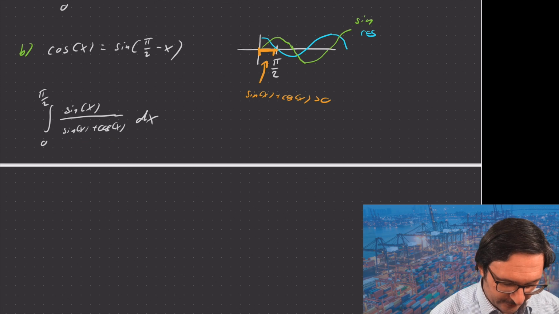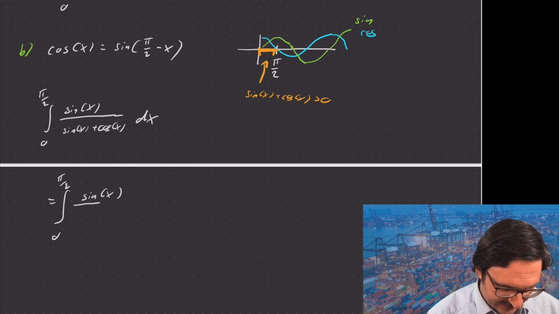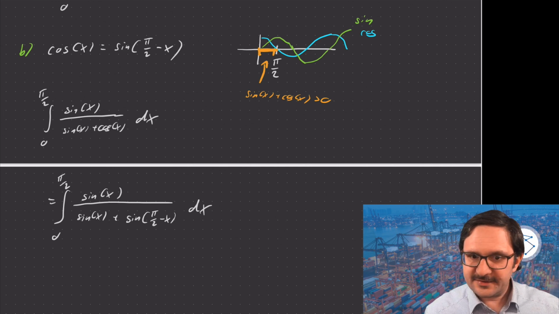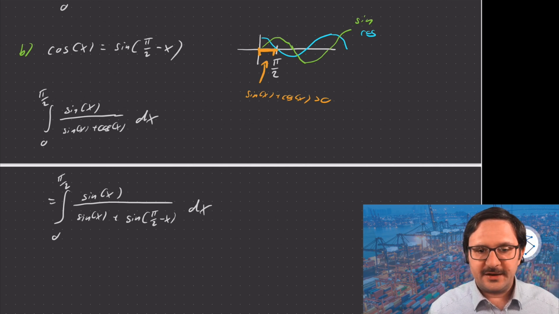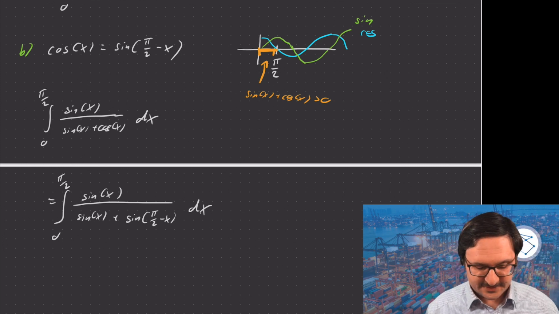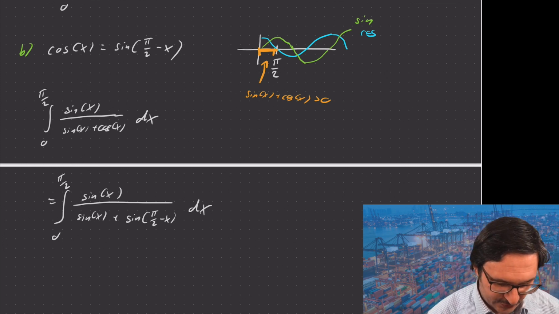And furthermore, we can rewrite that integral in the form required by part A, and that is sine of x over sine of x plus the sine of pi over 2 minus x dx. And that's exactly the form that we needed in part A, f of x over f of x plus f of t minus x, and t is now pi over 2.